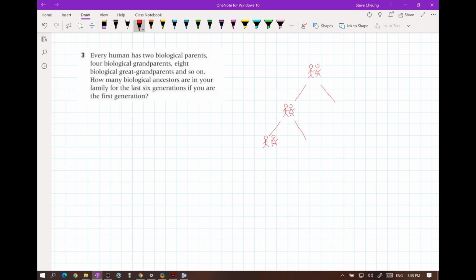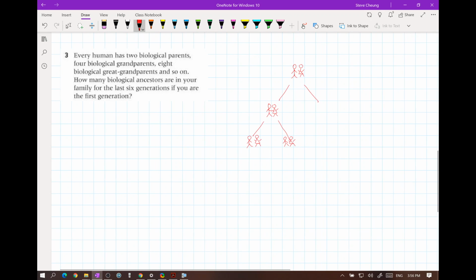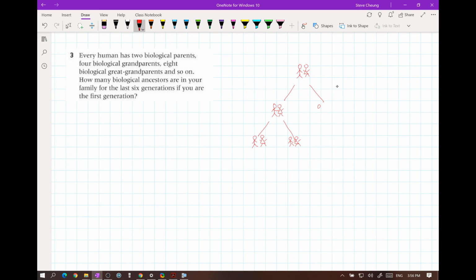Well, that's not your parents, otherwise that would be incest. What I mean is, if you move up the family tree, you will see that it will double after every generation.